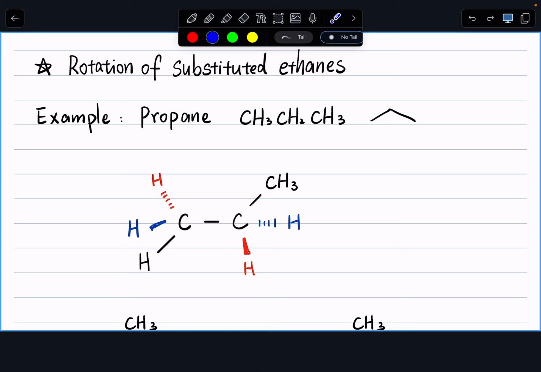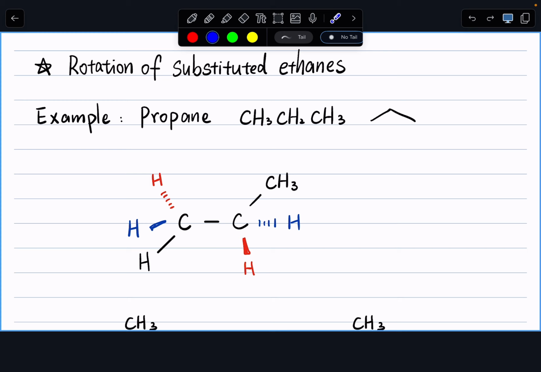And then you have a red hydrogen wedge out, a blue hydrogen wedge out on the other carbon, and then a blue one dashed in and a red one dashed in. So far so good. Now, can we come up with the Newman projection of this specific wedge and dash drawing? If we were to come up with a Newman projection, what does it look like?